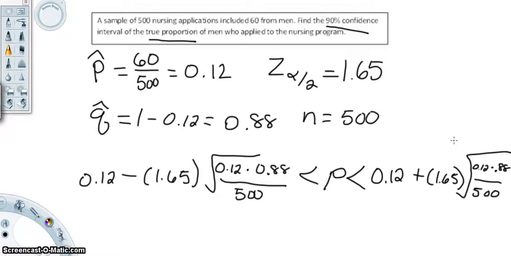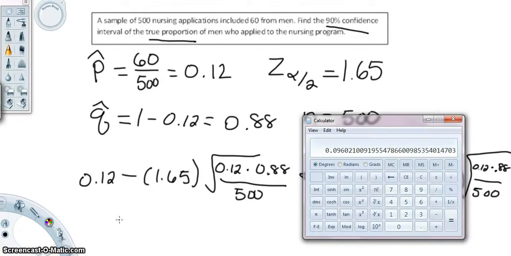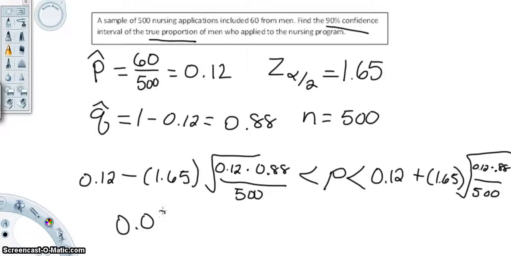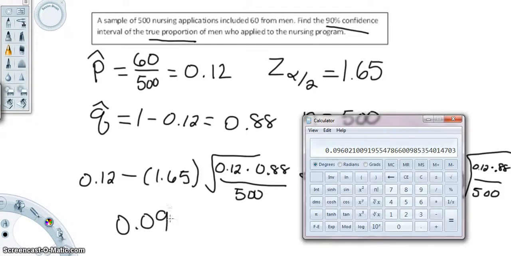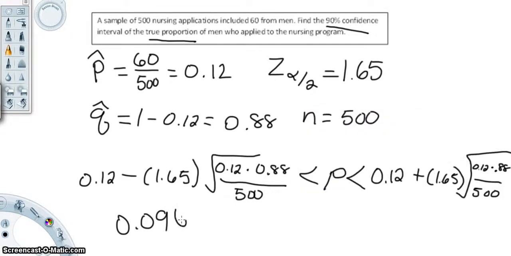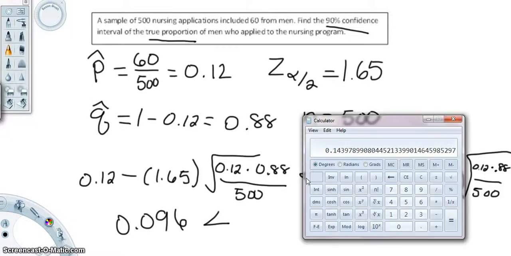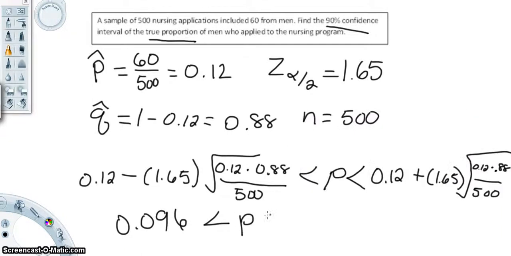Now let's calculate what this is. On the left side, we get 0.096. Sorry, the calculator went by. So 96, and that's our 3 decimal places. And on the right side, we get 0.144.